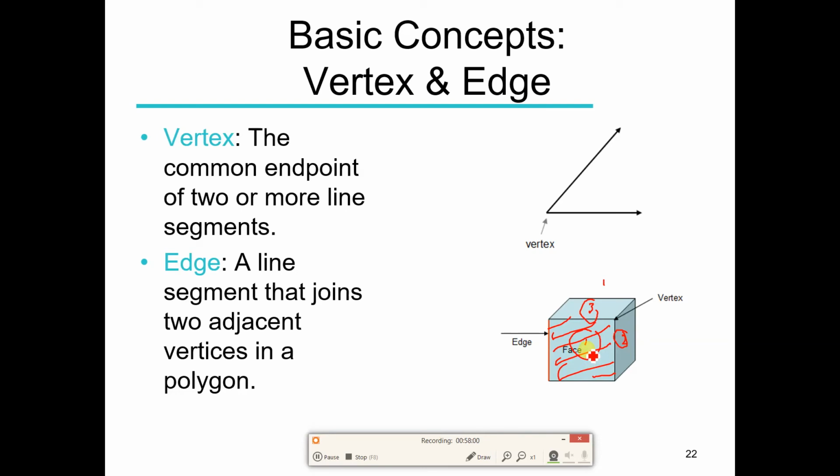For example, for this face at the front there should be a face on the back side, and since there is a face on the top, there should be a face on the bottom. If there is a face on the right, there should be a face on the left. So the total number of faces is 6. So this is one more concept which is not written here: vertex, edge and faces. So we have 6 faces for this cube.